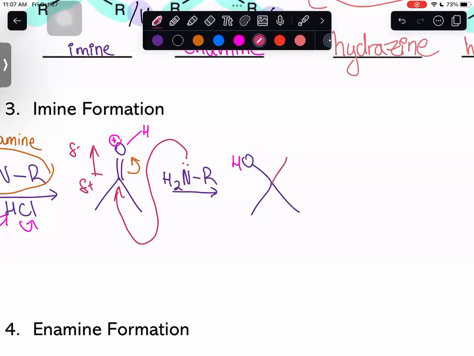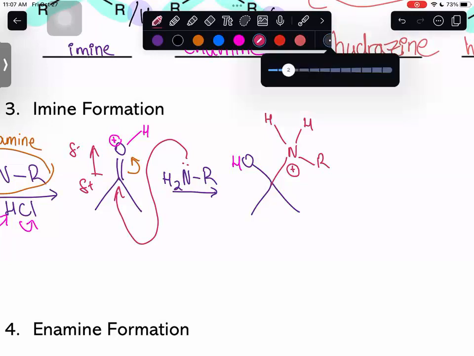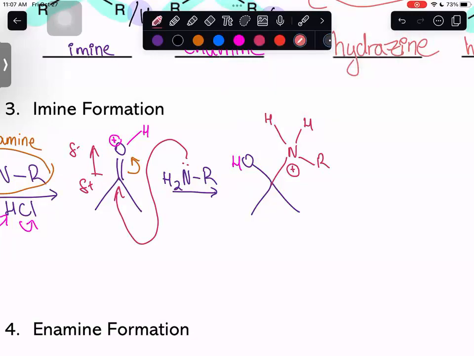And now I added my primary amine over here. I know that nitrogen is not that happy. It has a positive charge in it. Okay, what do we think is going to happen now? How do I make that nitrogen more stable?